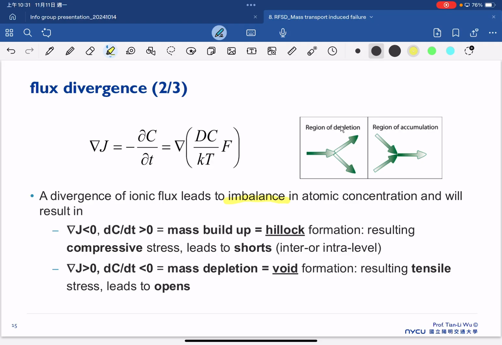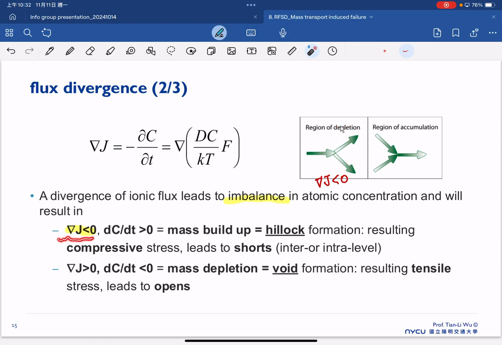For example, if our current gradient J is smaller than 0, that means your current is getting decreased. Your current is 1, now it becomes 0.5 here, 0.5 here. So your gradient J is negative because it's a current decrease, right?